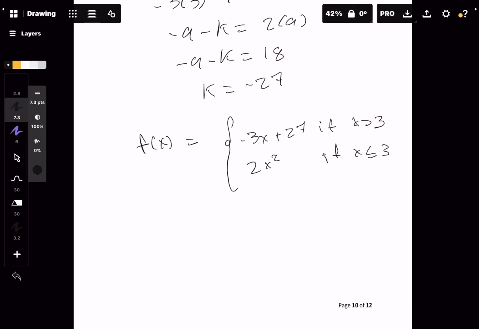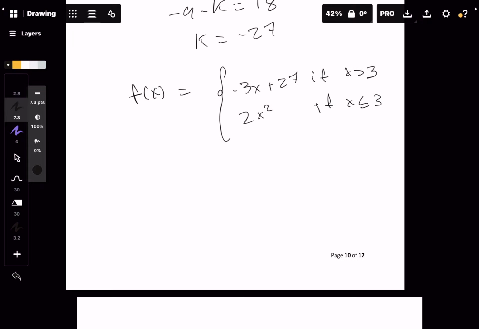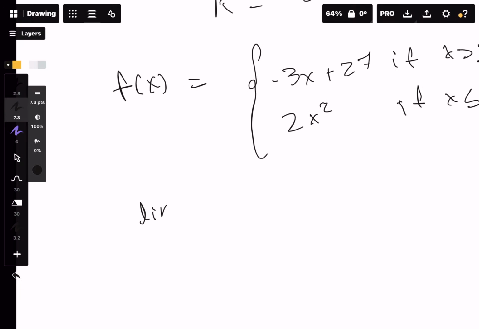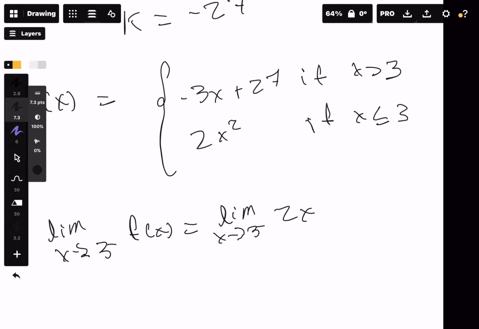And we can prove this once more with the limits. The limit of x approaching 3 from the left of f of x equals the limit of x approaching 3 from the left of 2x squared, which equals 18.